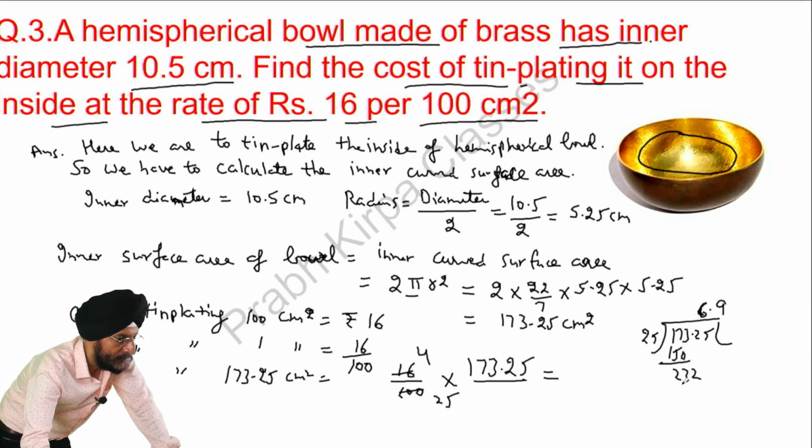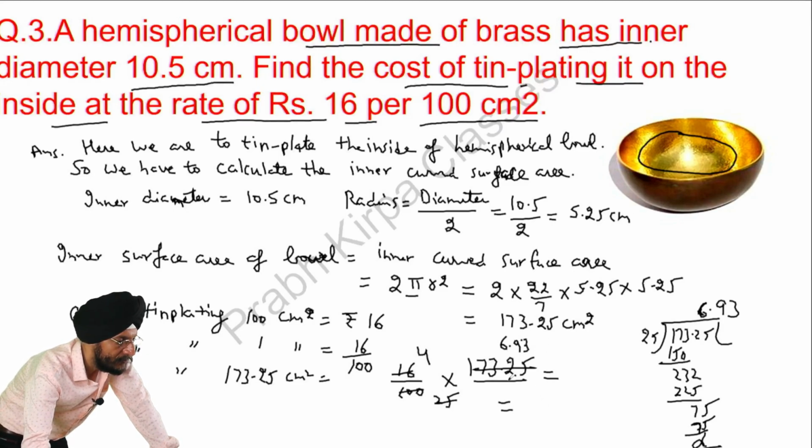Point 2, 5, 7, 75. 4 will be divided by this, 4 into 6.93. Now we will multiply it.